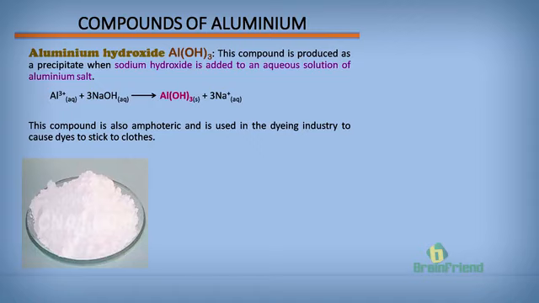The next compound of aluminium we have here is aluminium hydroxide. Now, this compound is produced as a precipitate when sodium hydroxide is added to an aqueous solution of an aluminium salt. So when an aluminium salt reacts with sodium hydroxide, aluminium hydroxide is produced.